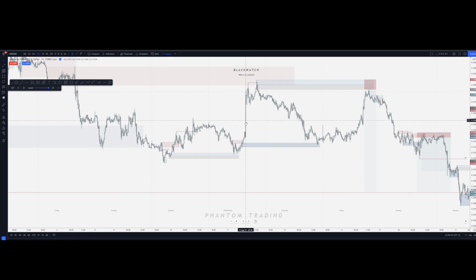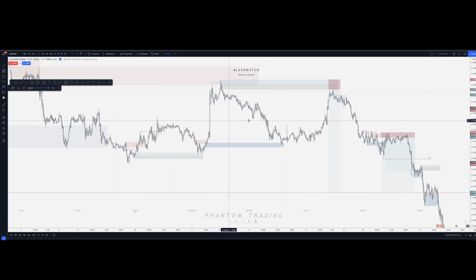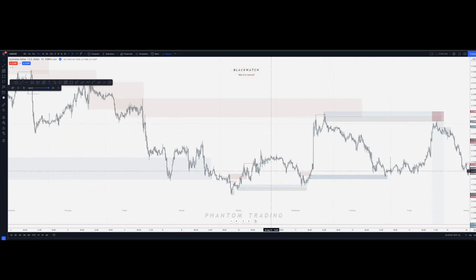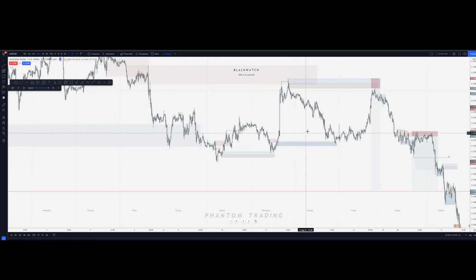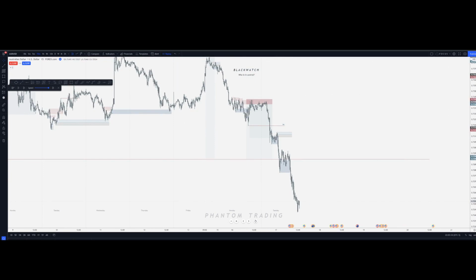But once we start getting away from this, I don't look at the demand. Once price starts to pull away like this, I don't look at these demand zones. I look at the demand zones within the current leg. Because once you start looking at demand zones from previous legs, you're going to start taking your trade off at the wrong areas. You're going to be looking for longs in the wrong area, all that stuff, right?